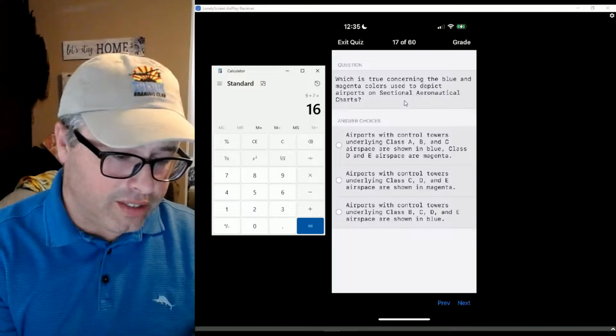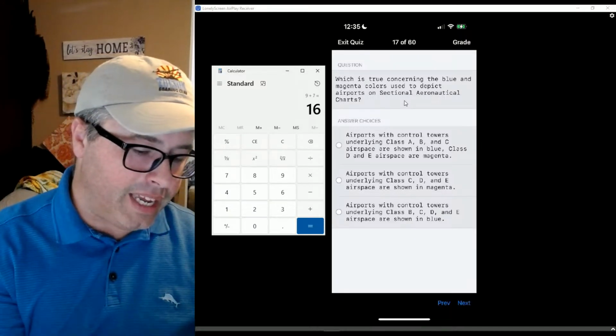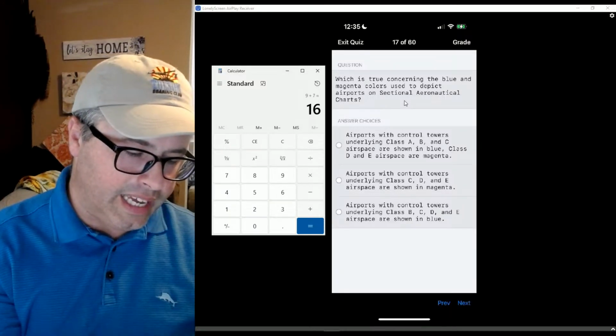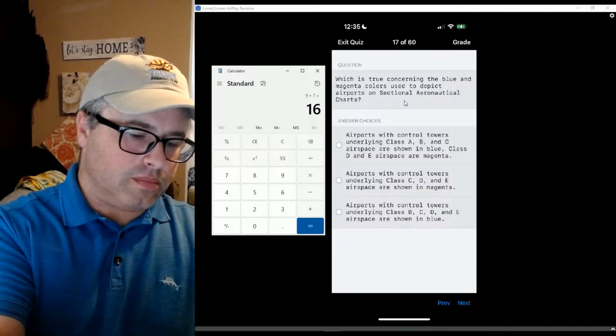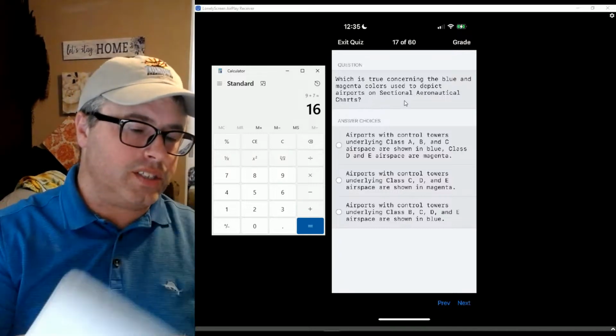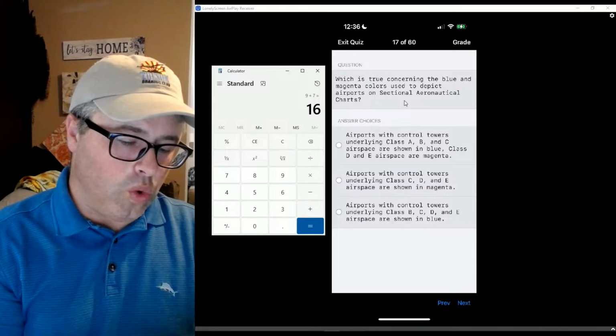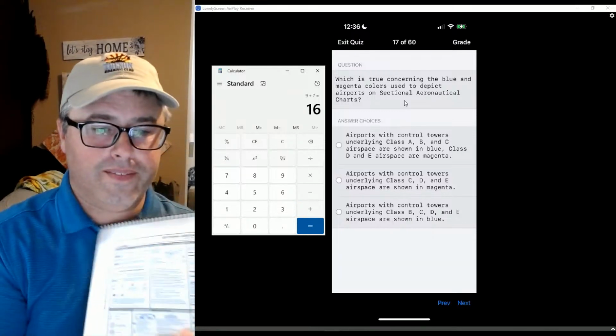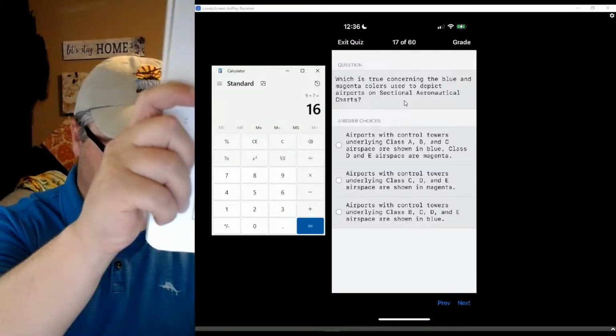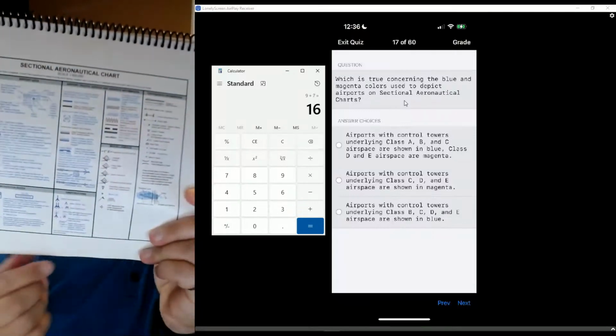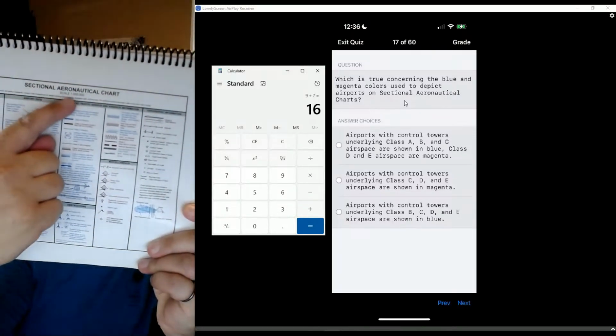Go to your legend. This is where it pays to go to the legend. In fact, we'll bring that up here in just a second. You go to legend 1. It's the first thing. Right here, legend 1, sectional aeronautical chart.